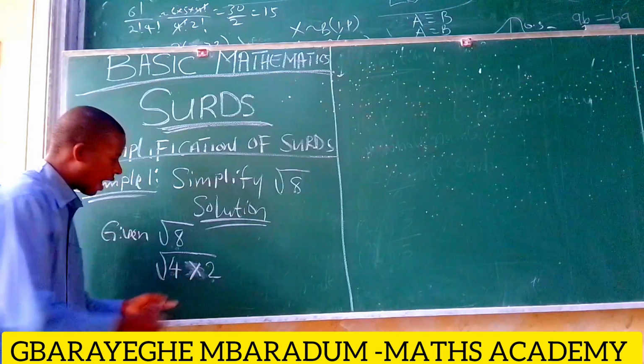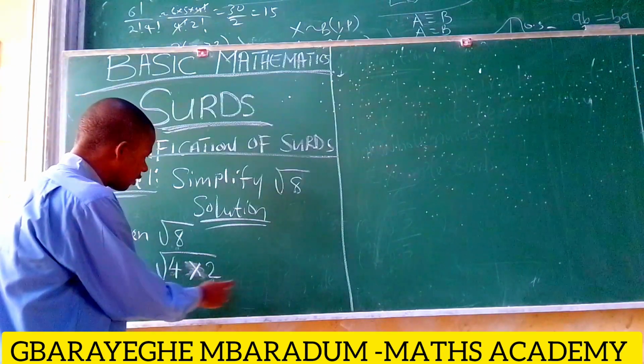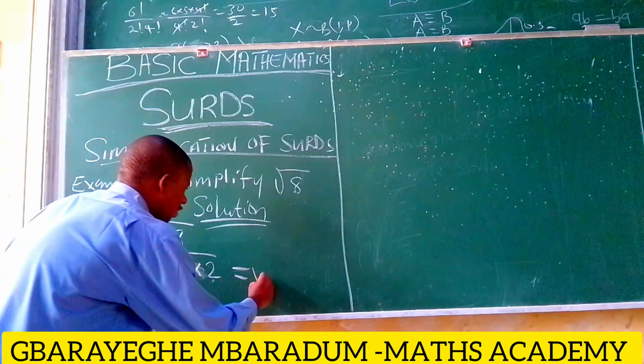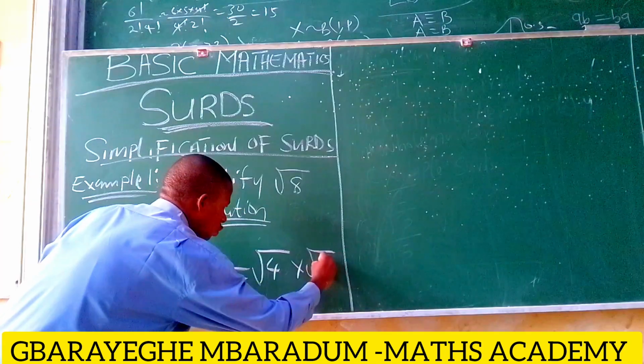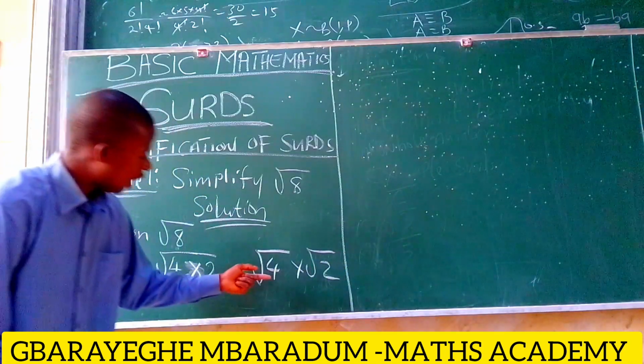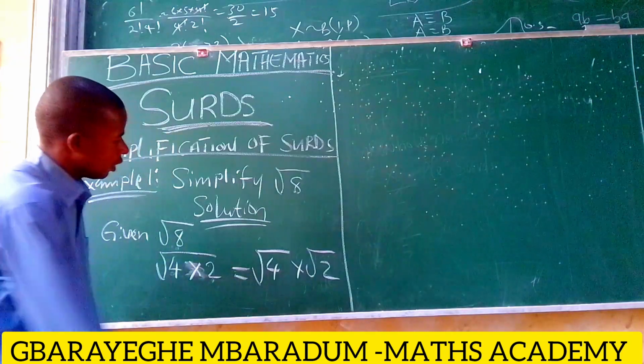Now at this point, how are we going to get this? You know that the square root affects both 4 and 2, right? So let's separate it: square root of 4 times square root of 2. Now we have square root of 4 and also square root of 2.